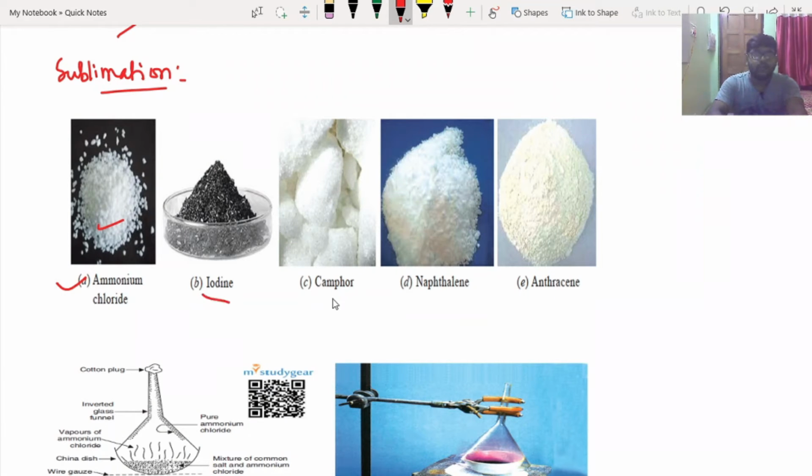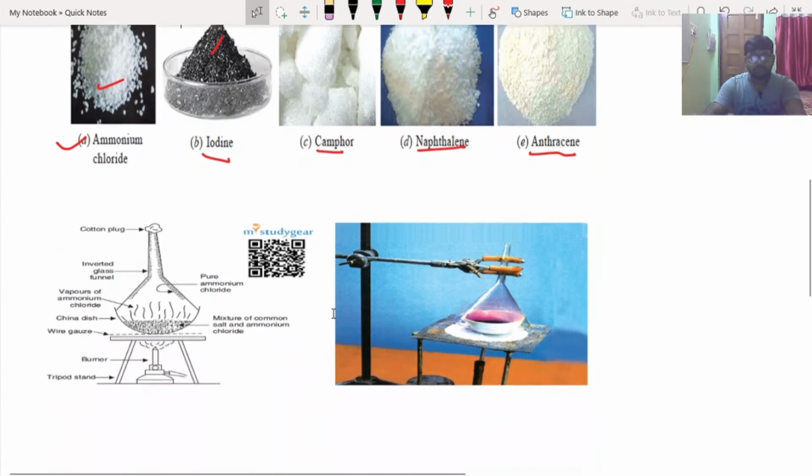Iodine, similarly, is a solid which can be converted into gas directly. Camphor, same thing. Naphthalene and anthracene are all white solids, except iodine. They get converted into gas directly.